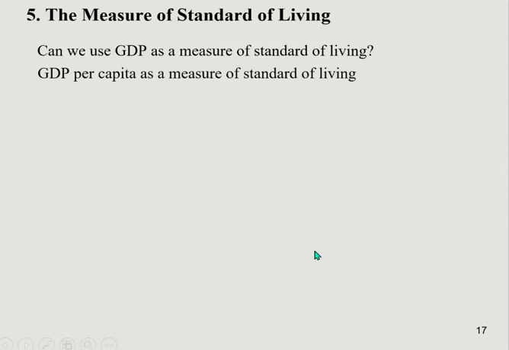That's why we come up with this variable called the GDP per capita. Per capita just means per person, per head. We're going to say this is a measure of standard of living. Mathematically, the real GDP per capita equals real GDP divided by the population of the economy.